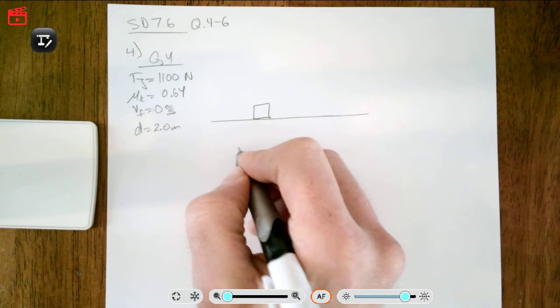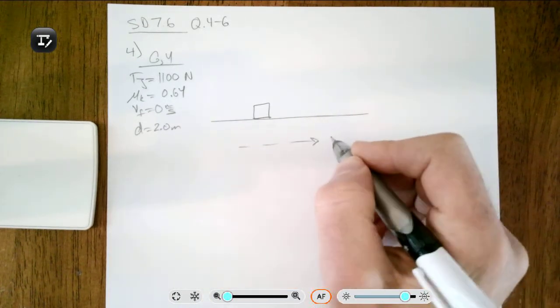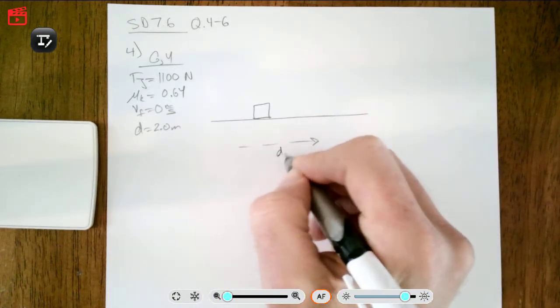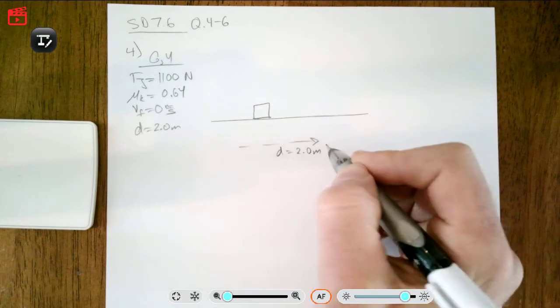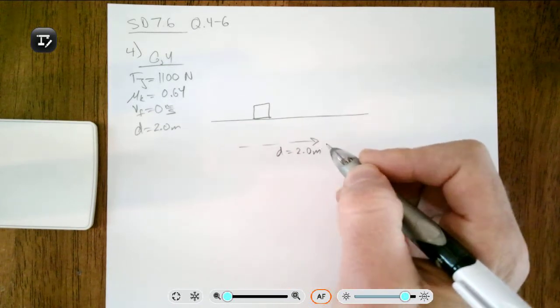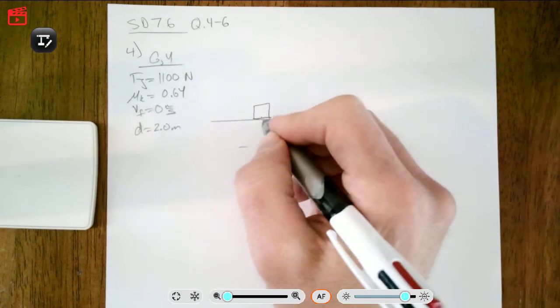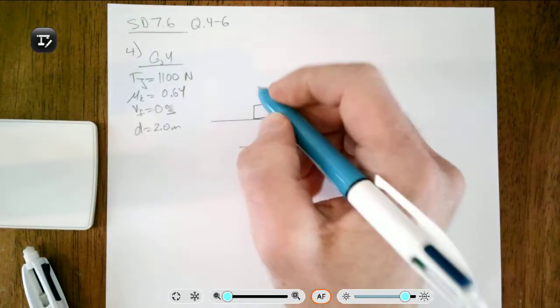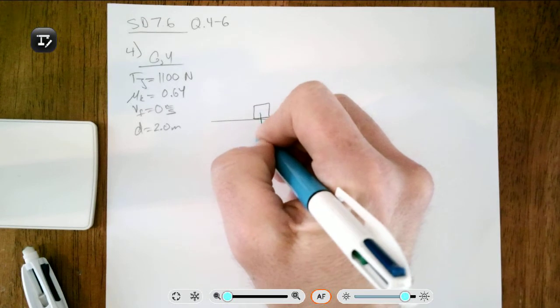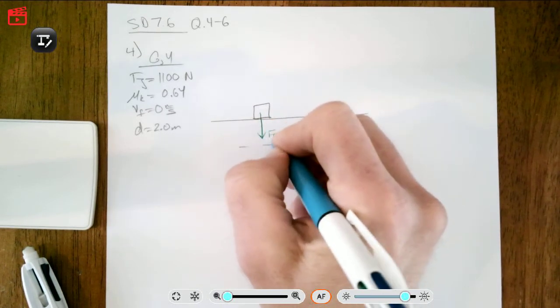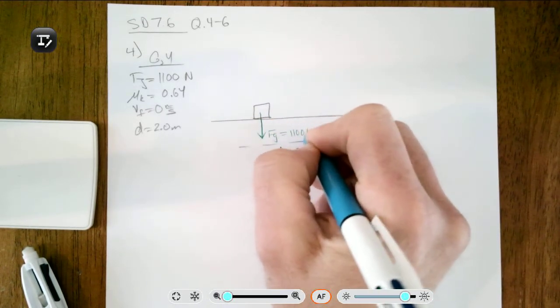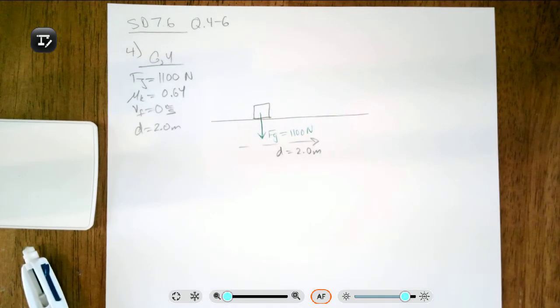All right. So this direction is your D, 2 meters. All right. So let's get some forces on here. Of course, this pitcher's got an FG, which we said was 1,100 newtons. Flat ground, no diagonal poles.